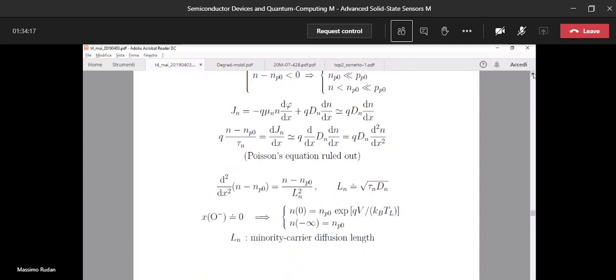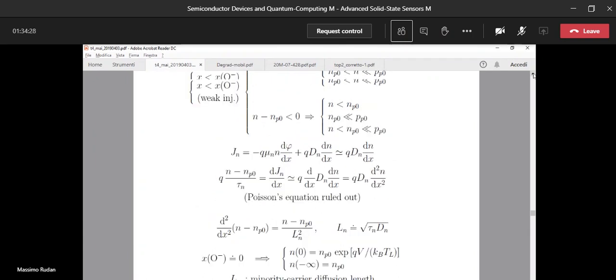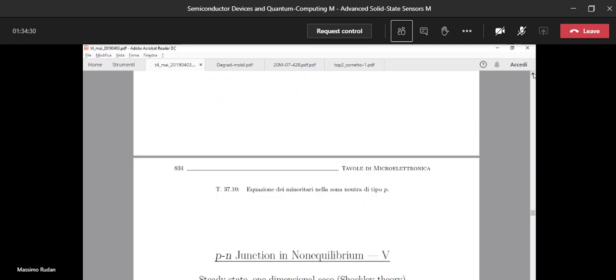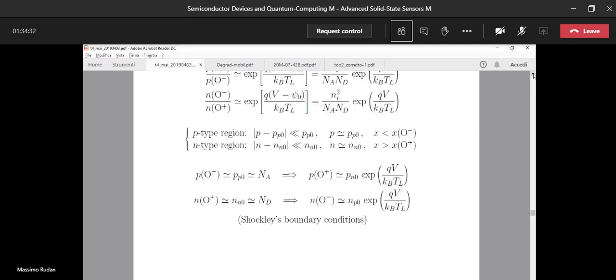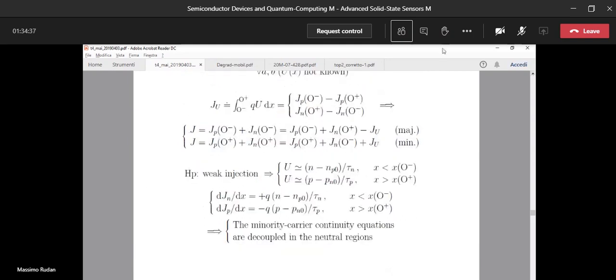We are now in the neutral region of the p-type, that is on the left of O-. We have to solve the equation for the electrons, that is this one, derivative of Jn with respect to x equal to q times n minus np0 over tau n.